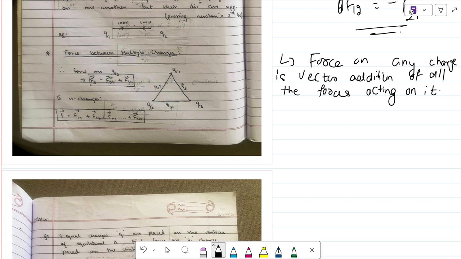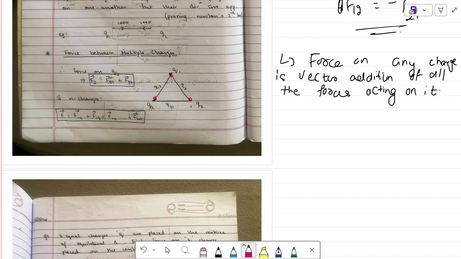For example, I have shown here three charges placed on the vertices of a triangle with values q1, q2, and q3. The distances are r12 between 1 and 2, r23 and r13. Let's say I'm calculating the force on the third charge.